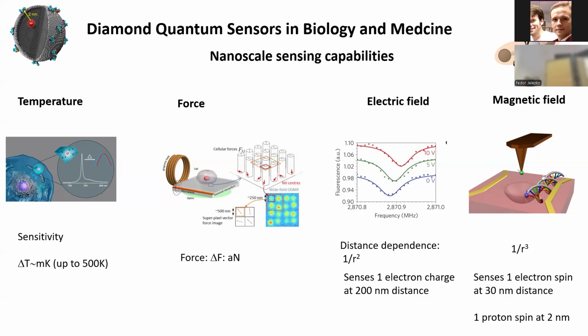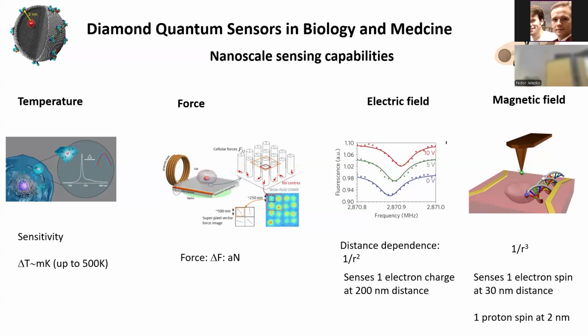The NV centers are also sensitive to electric fields. Here we have not discussed this at all, but I just give you an example of an ODMR line with applied electric field. And this sensitivity translates to an ability to sense 1 electron charge at 200 nanometer distance in vacuum.